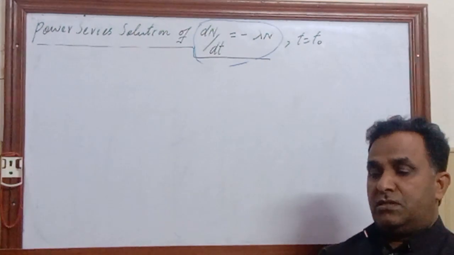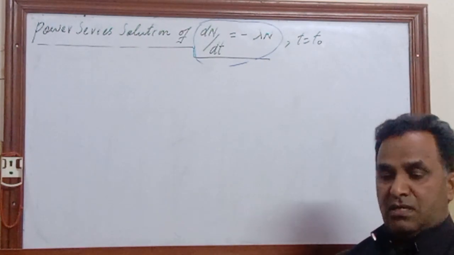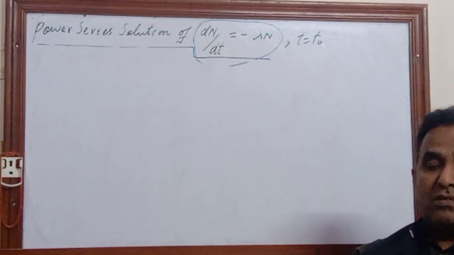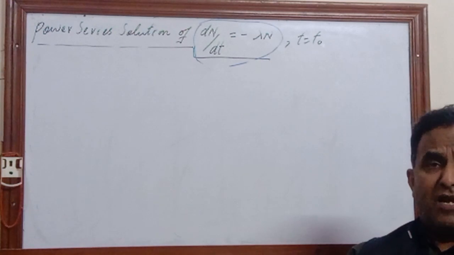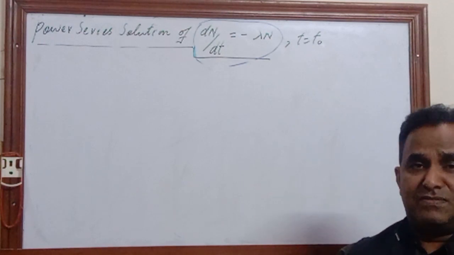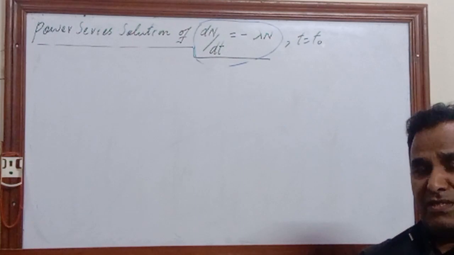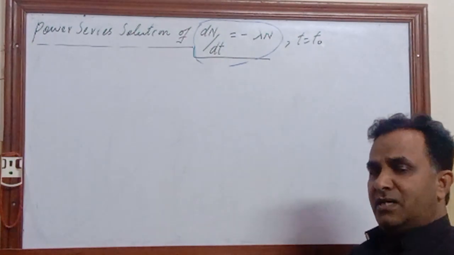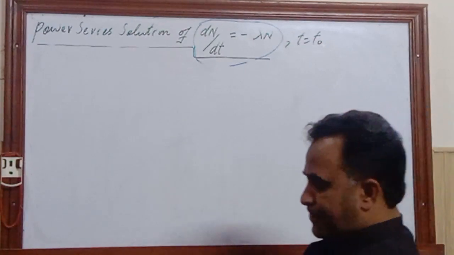So there are certain terms which can be negligible, so we can ignore certain terms, and the infinite series will become a finite series. For doing that, we will write down the Taylor series as follows.